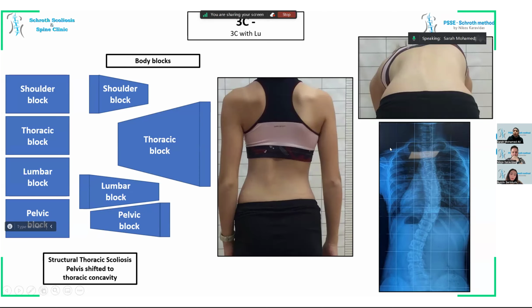Still, the pelvis is shifted to the thoracic concavity. Okay? I will look at the X-ray and collect my clinical, radiological, and prognostic criteria to know if this curve is significant or not, in order to decide if I can do overcorrection to the main curve. Now, if you see in the X-ray here in the 3C minus, we have the complete curve that is shown with an upper end vertebra and lower end vertebra of the lumbar curve.